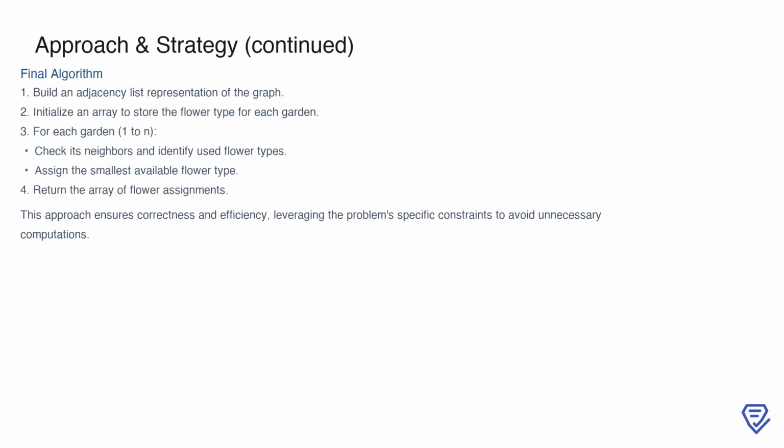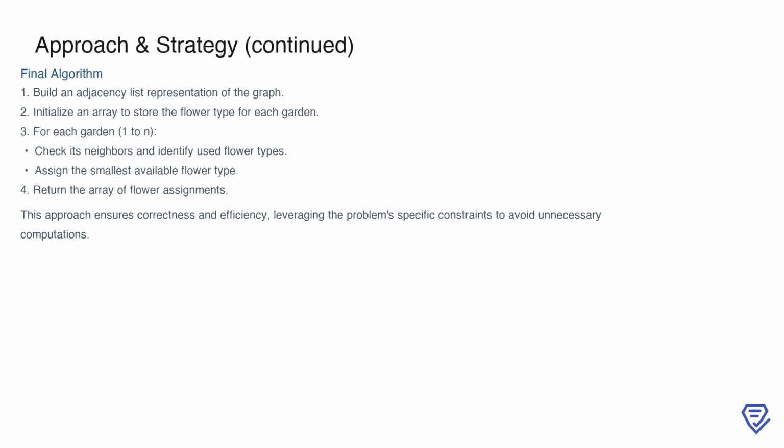Based on this information, we assign the smallest available flower type to the garden. This ensures that the constraints are satisfied while maintaining efficiency. Finally, after processing all gardens, we return the array of flower assignments as the solution. This algorithm is designed to be both correct and efficient, leveraging the problem's constraints to minimize unnecessary computations and guarantee a valid result.